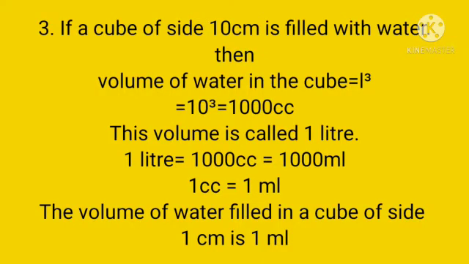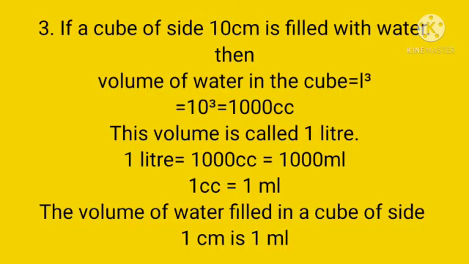If a cube of side 10 centimeter is filled with water, then the volume of water in the cube will be equal to L cube, as the length is 10 centimeter. Therefore, the volume of water in the cube is equal to 10 the whole cube. The cube of 10 is 1000, which is equal to 1000 cubic centimeter.